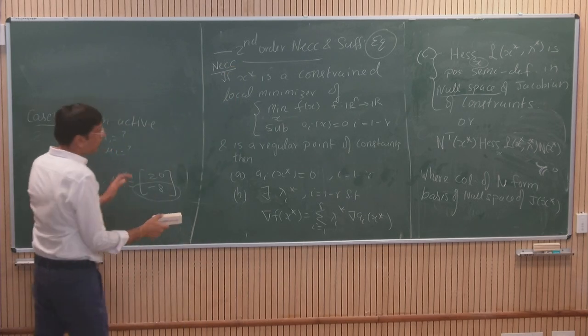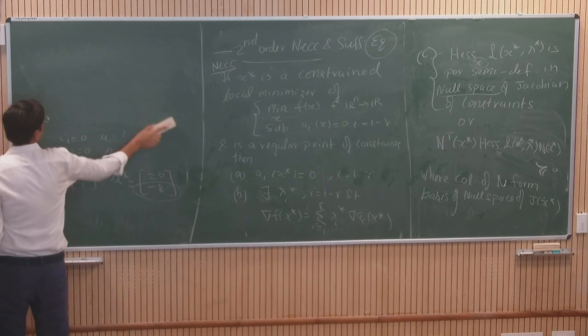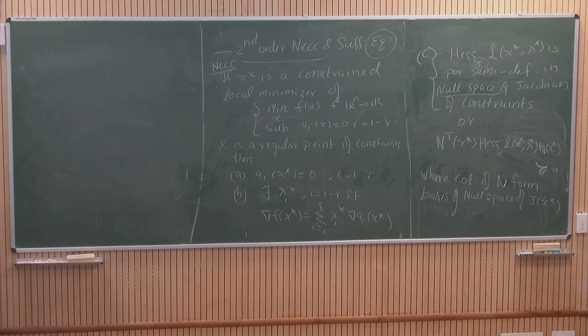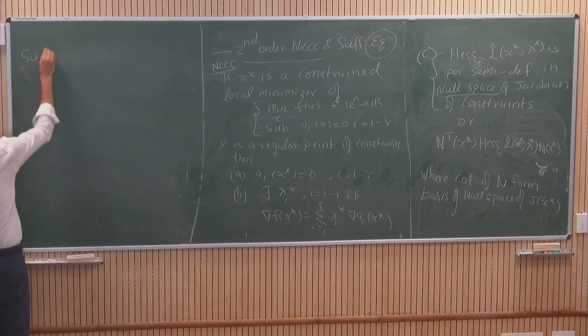Right now, before I do the example, let me write the sufficiency condition, because it's just a carry forward thing, which you can also tell me how to write. So if I have to write the sufficiency condition, what will I write?